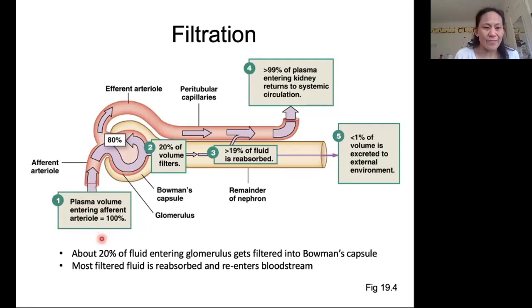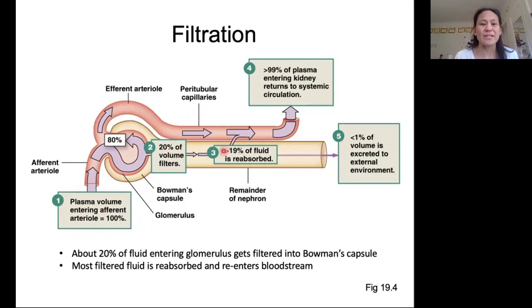So we have a certain amount of blood coming into the glomerulus here. Of that blood, just 20% of it actually filters out of the glomerulus into the tubule, while the remaining 80% just move along in the bloodstream, okay? Of that 20%, almost all of it gets reabsorbed into the peritubular capillaries.